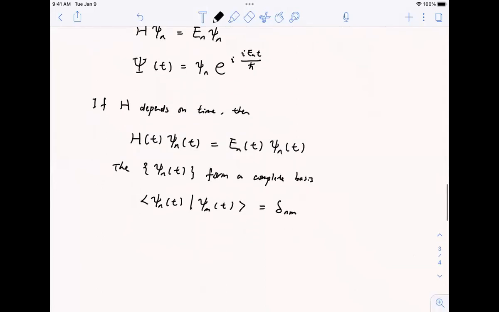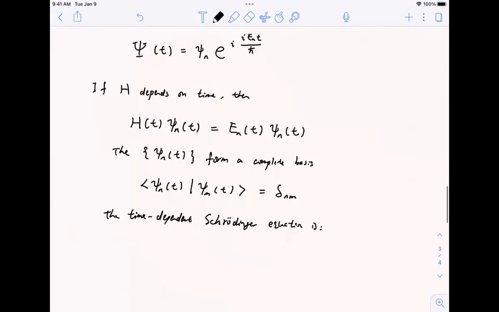Then the time dependent Schrodinger equation is i, and then you have this.